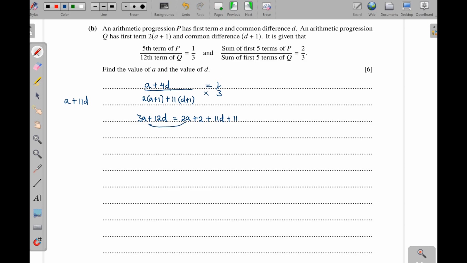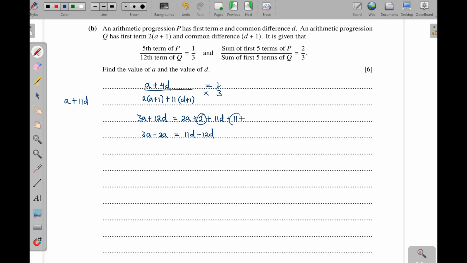Then we can bring everything onto one side, and then we form an equation in D and A. Or maybe I can bring A here. We have 3A minus 2A. Then this one will be equal to, this is 11D. Then subtract this 12D.